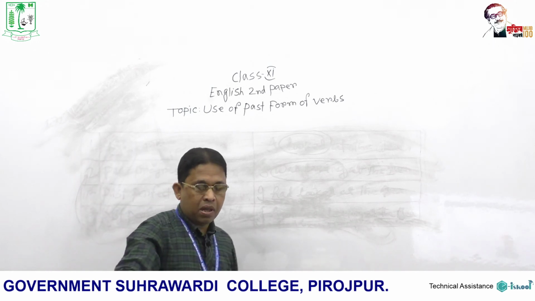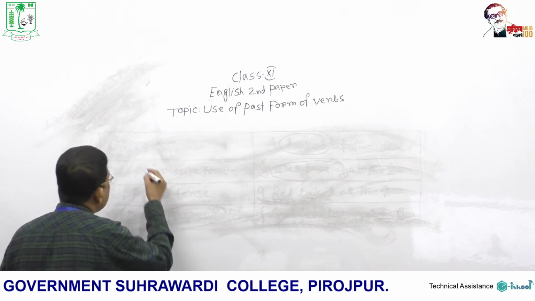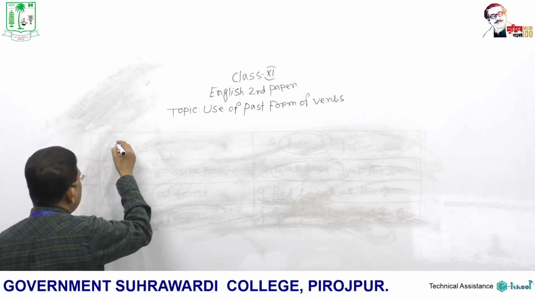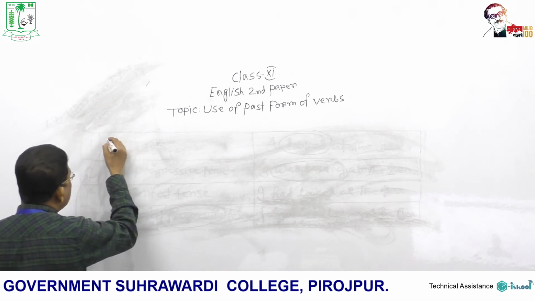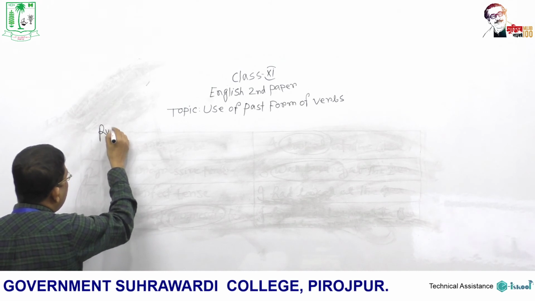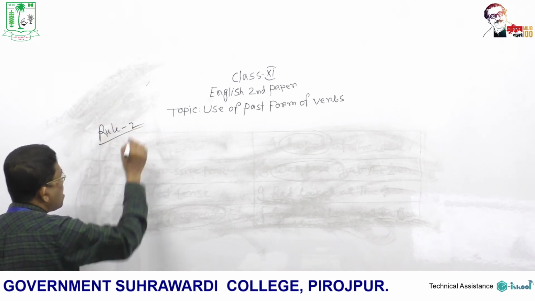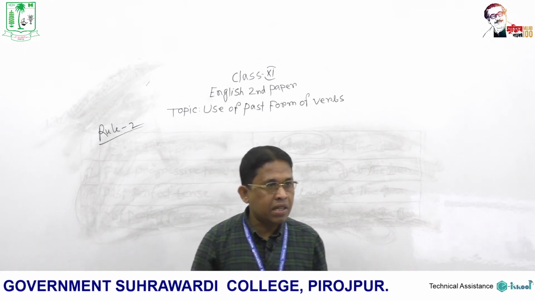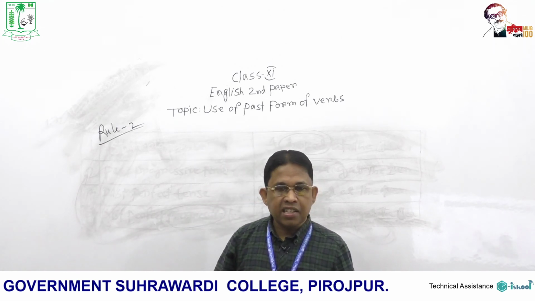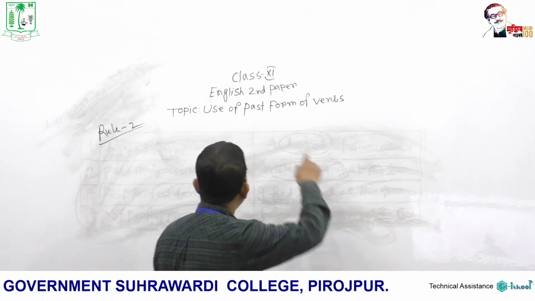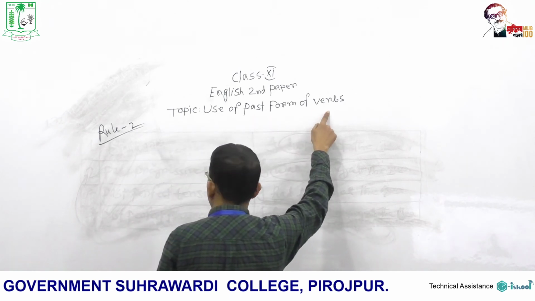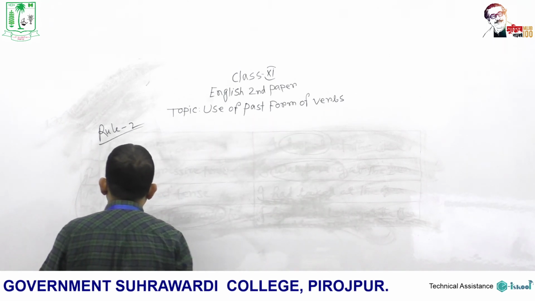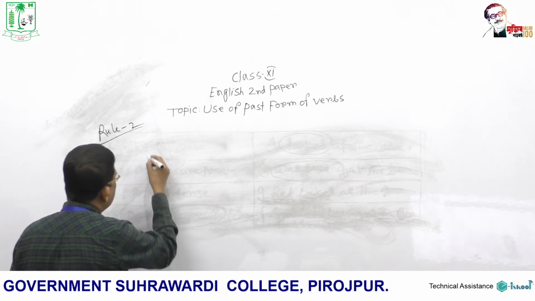Let me give some examples. You may consider this rule number 2 of today, and the one I have already completed is rule number 1 under the heading use of past form of verbs. And for rule number 2, let me explain through some examples.